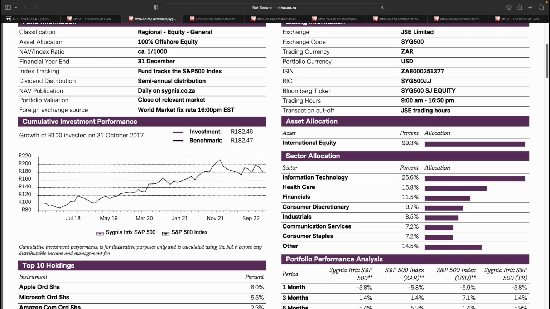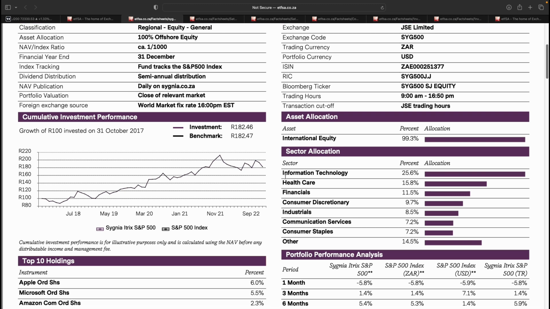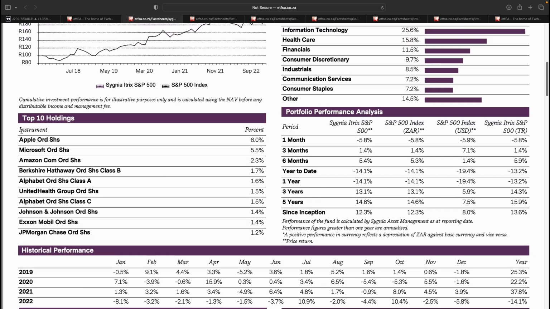We look at the sector allocation. The ETF invests in different things: IT, healthcare, all different kinds of sectors that are available in the US. You can also find information about the top 10 holdings. You see that Apple is the biggest company by market capitalization in the US. It is holding 6% in this S&P 500 ETF, followed by Microsoft and Amazon.